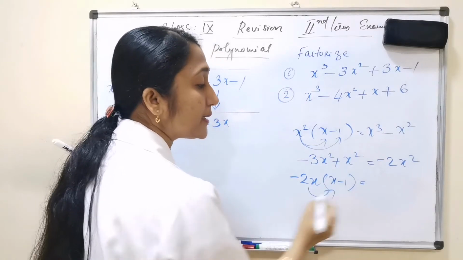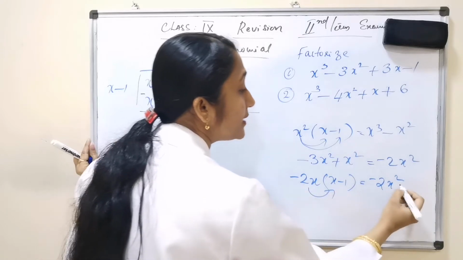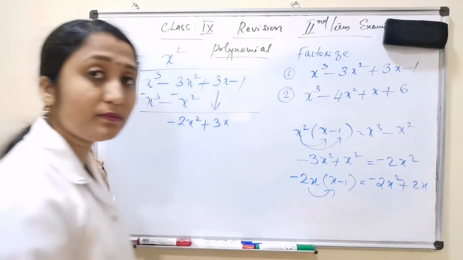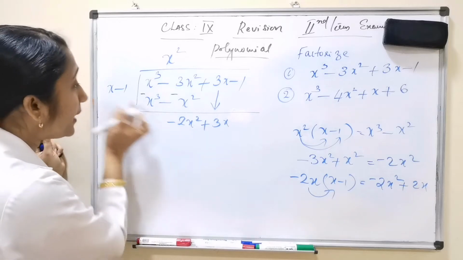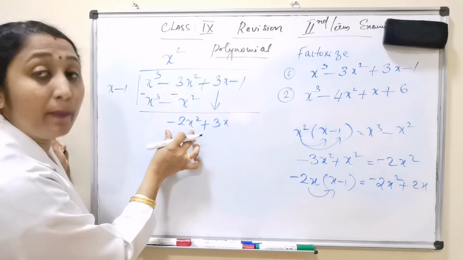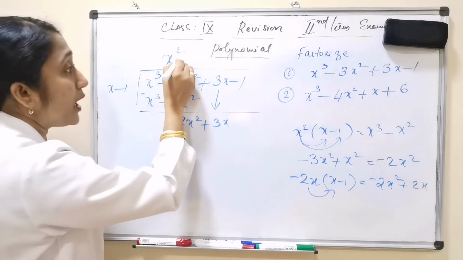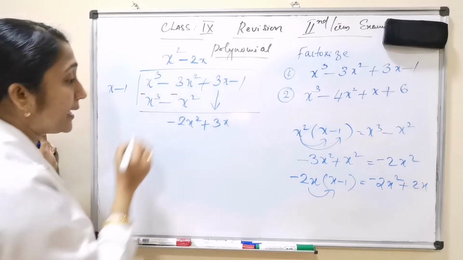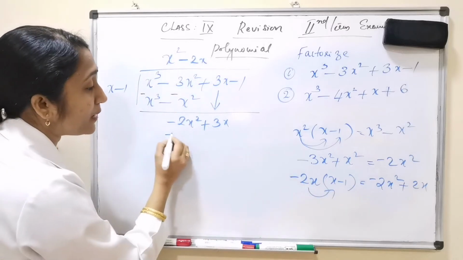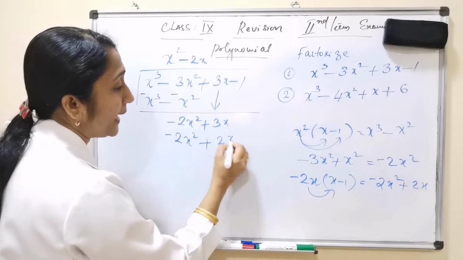Minus 2 into x is minus 2x square, minus into minus is plus 2x. You have to equalize the first term. This is x, this is minus 2x square, so you multiply with minus 2x. So you write here minus 2x. So here the answer is minus 2x square plus 2x.